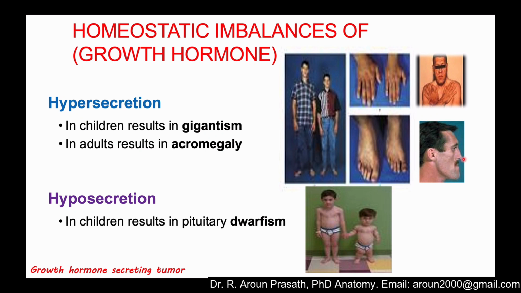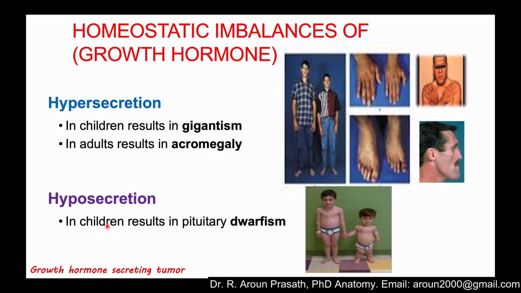When a child, during childhood, has increased secretion, the person becomes very tall. Whereas after 21 years, because human beings grow up to about 22 years, after adulthood, when there is increased growth hormone secretion, you can see a moon-shaped face, increased jaw size, big face, and fingers that are very big. This is called acromegaly.